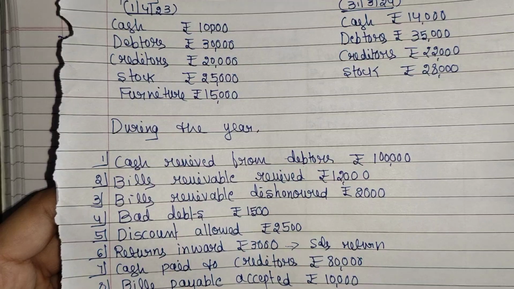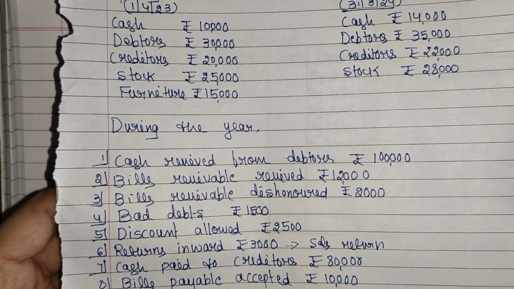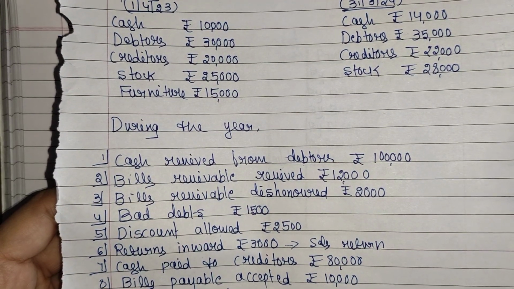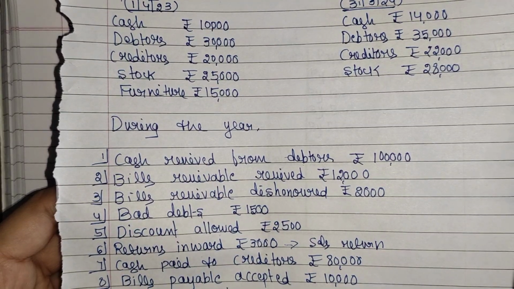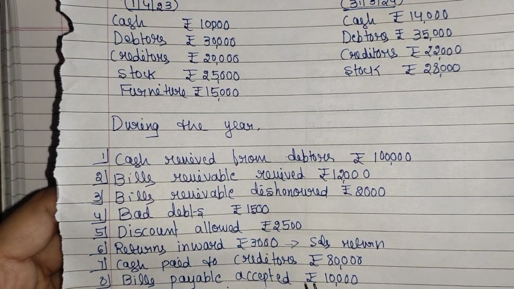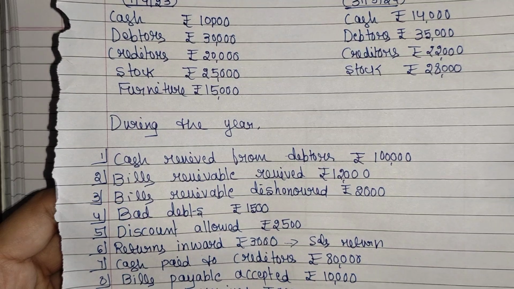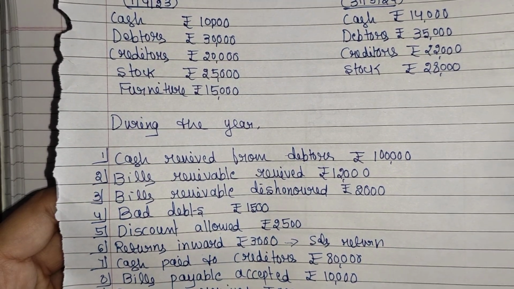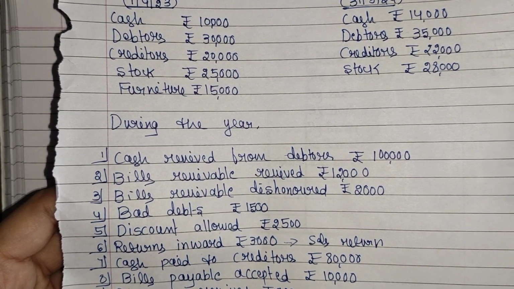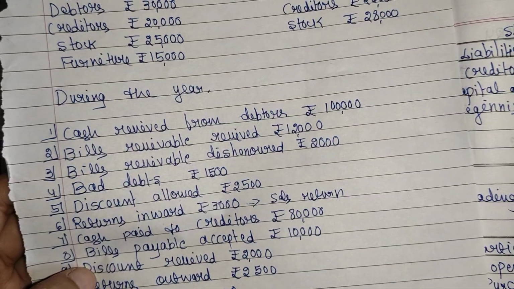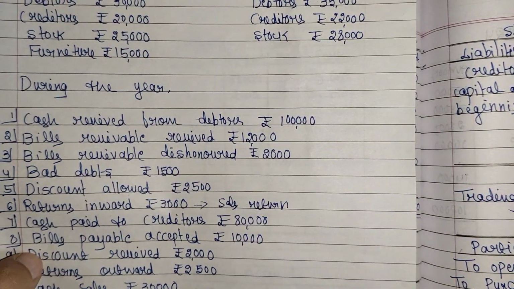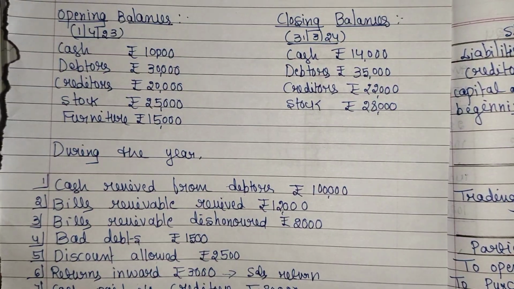Discount received, that is rupees 2,000. Discount received means suppliers give the discount. In creditors account, discount received means we pay the less amount, liability reduces, that is recorded on the debit side. Debtors account and creditors account are exactly opposite, right?